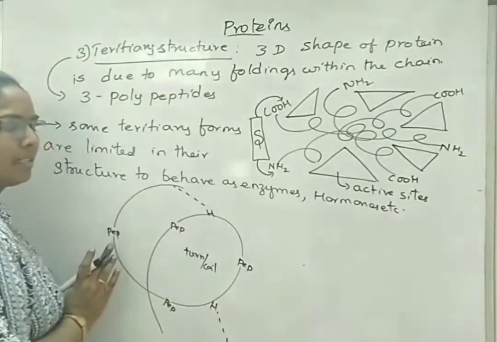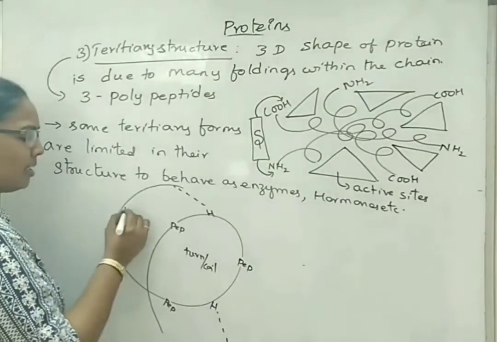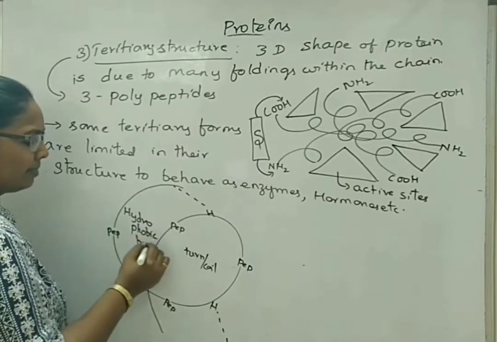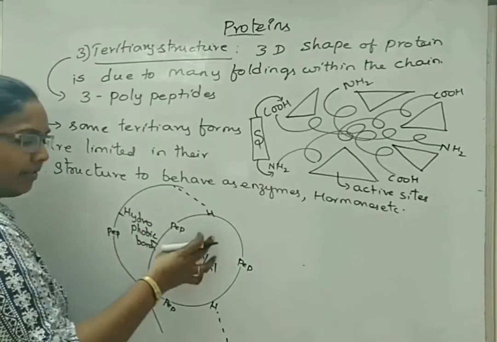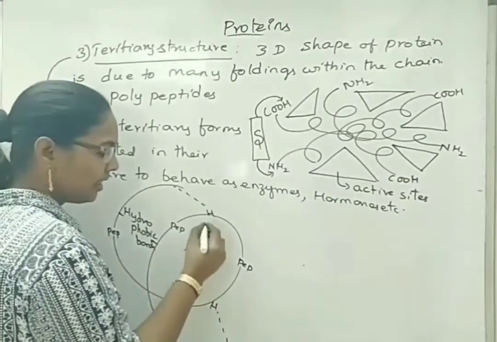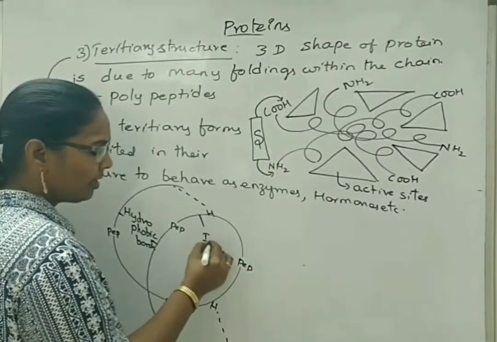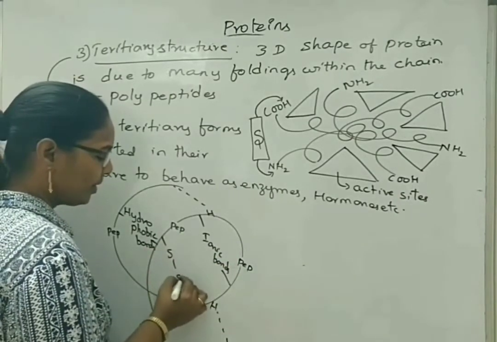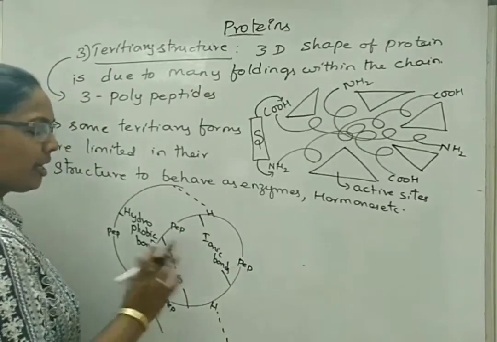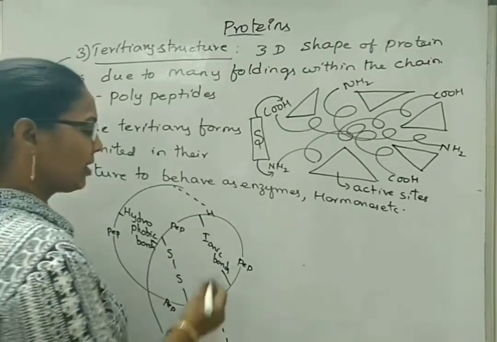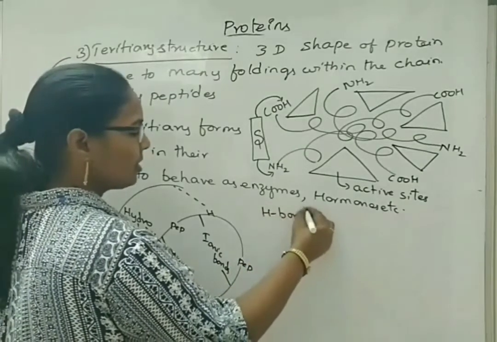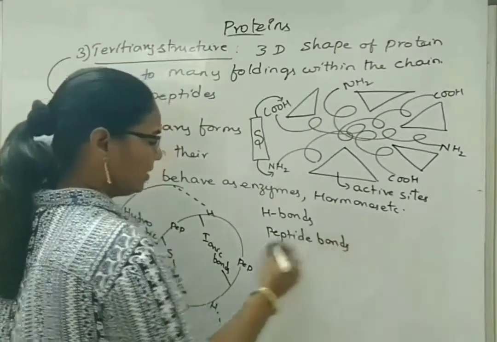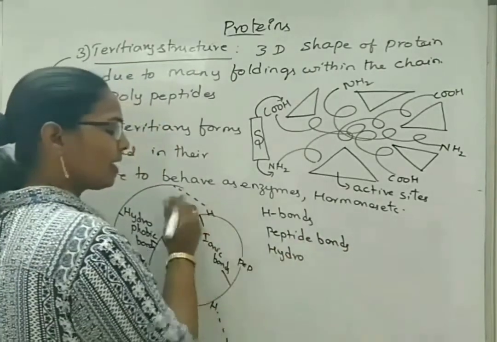Outside the turn, there are some special type of other bonds also called hydrophobic bonds. Within the coil or inside the turn, there are ionic bonds and disulfide bridges or bonds. If we count the types of bonds in tertiary structure, we see hydrogen bonds exist, peptide bonds exist, hydrophobic bonds are present outside the turn.